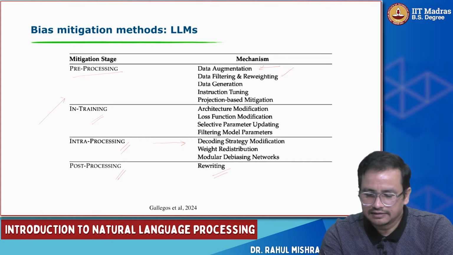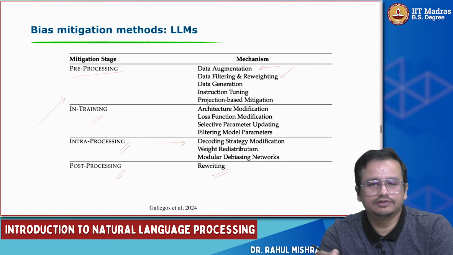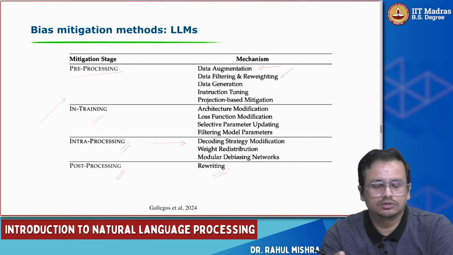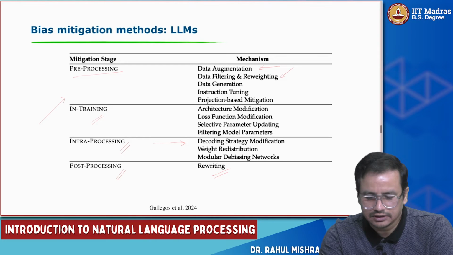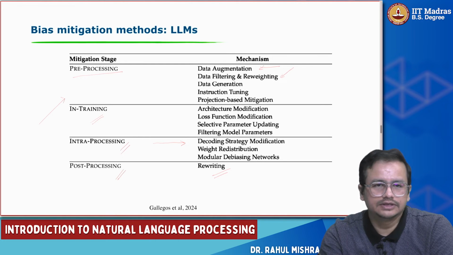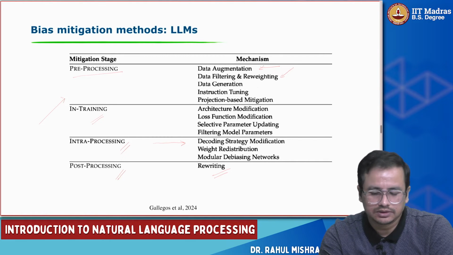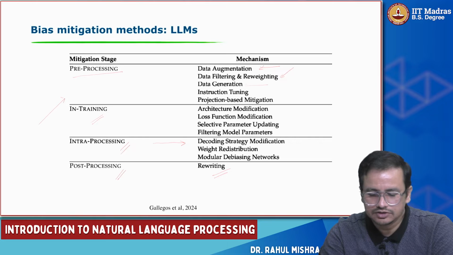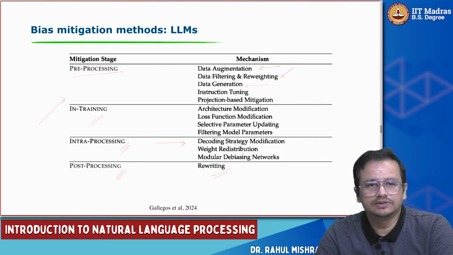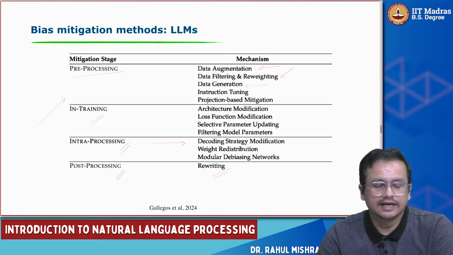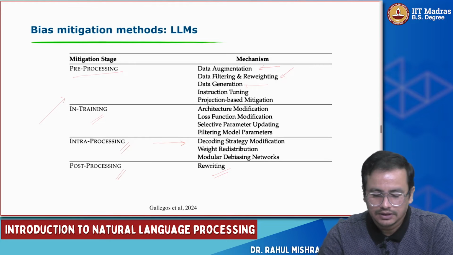You might want to add more samples which are representative of women. Then data filtering and rewriting. So you might want to rewrite some of the samples, and we'll have some examples of it. You want to filter out some of the biased samples, and rewrite some of the samples to make them neutral, right? Data generation, you might want to generate new samples which are debiased, and then train the model, in very layman terms.